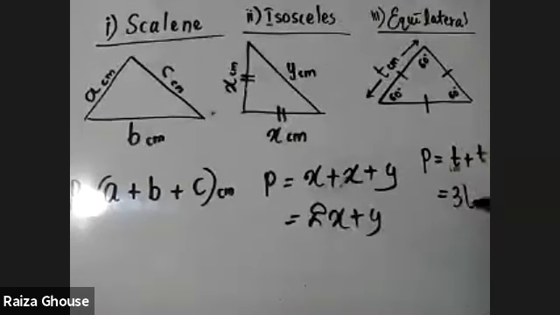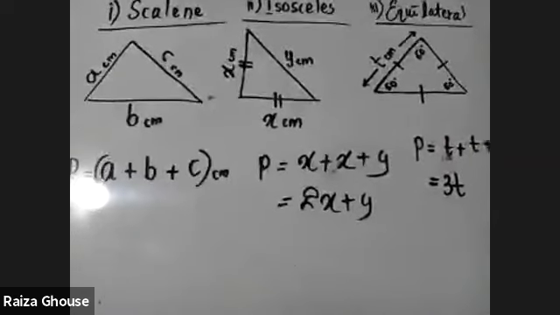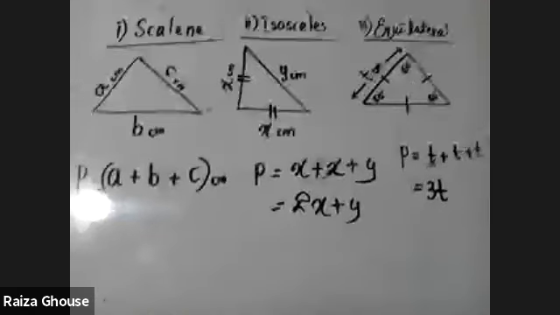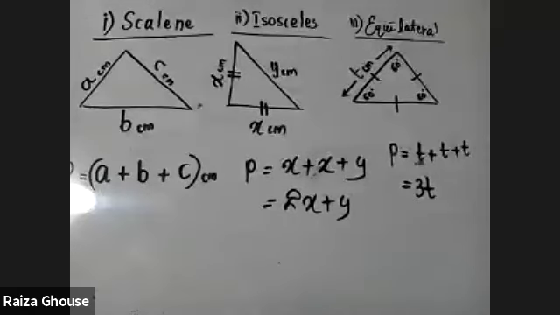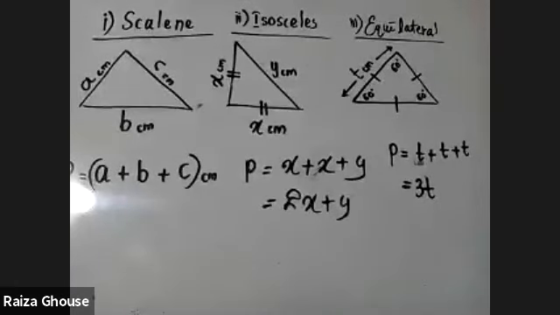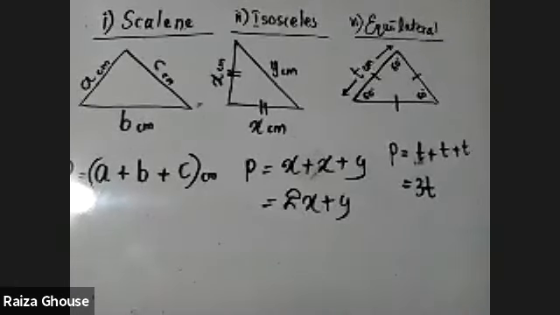We are getting 3T. So perimeter of an equilateral triangle will be 3T. That means all the three sides addition. This is the answer. Can you understand the way how to find perimeter of three different triangles? Is it clear for you all? If anybody is not clear, raise your hand and tell me.